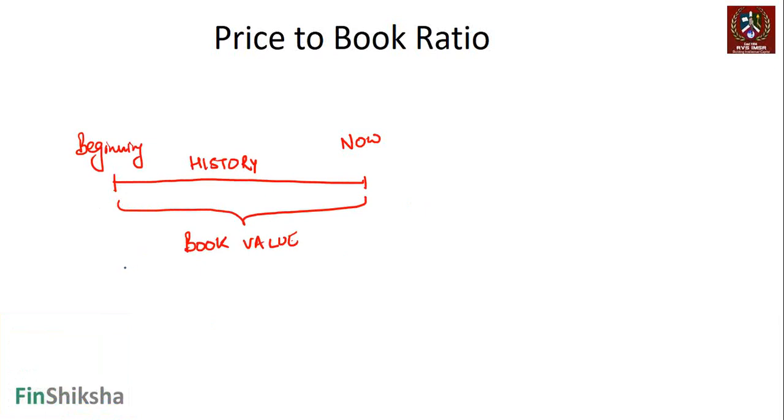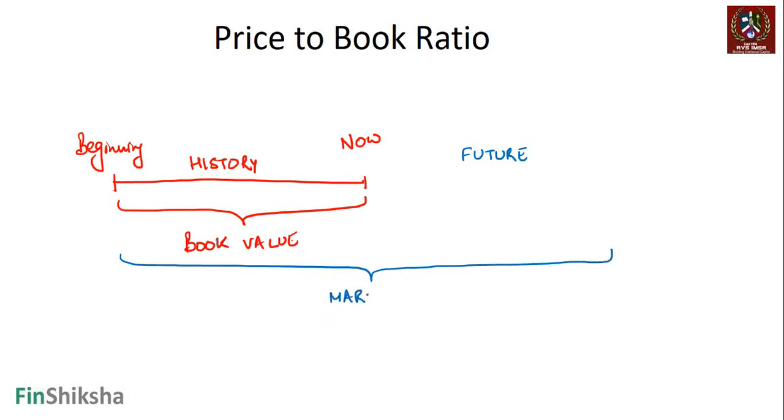The market value of the company also looks at the future of the company. It does not stop at the book value only. So the market value should reflect what the company has done till now and what it is expected to do in the future, because stock markets run on expectations. You believe what the company is going to do in the future will drive its earnings.